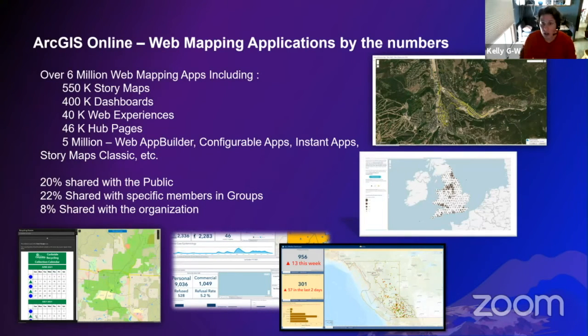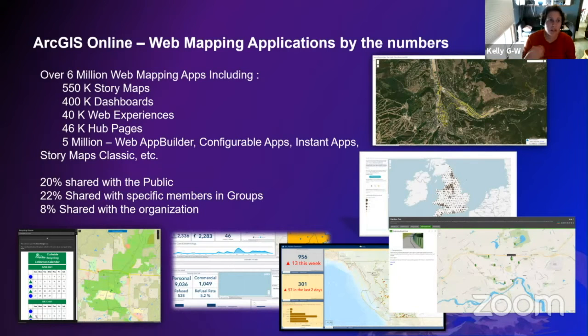We track some of the newer applications differently. We've also got 550,000 of the new StoryMaps, 400,000 of the new dashboards, about 40,000 new web experiences, and about 46,000 hub pages. So there's a lot of content out there that you're sharing with your customers, and building to engage and tell that geospatial story.